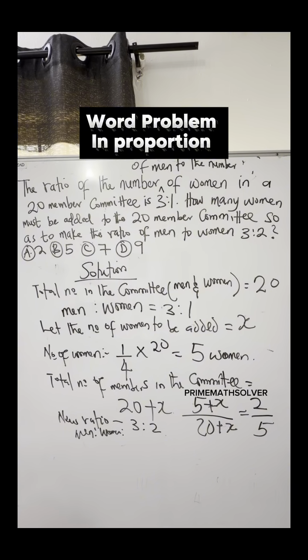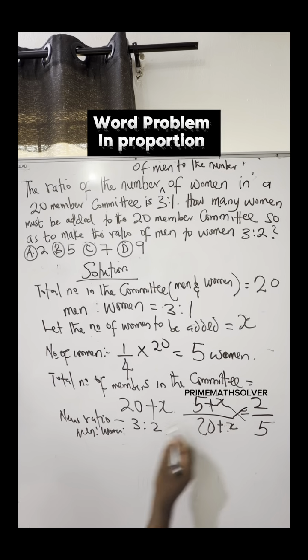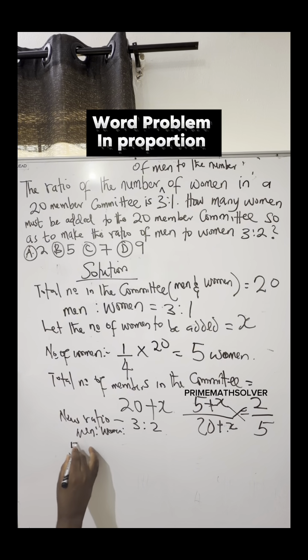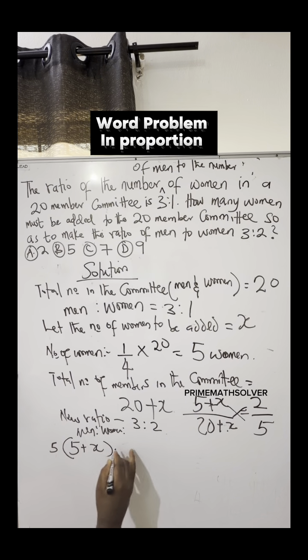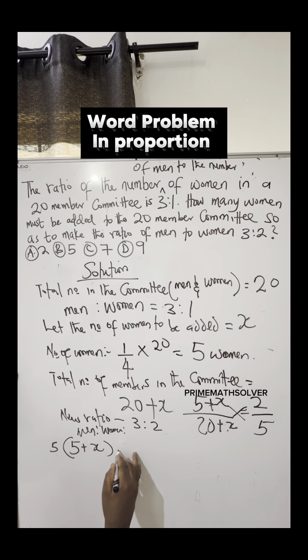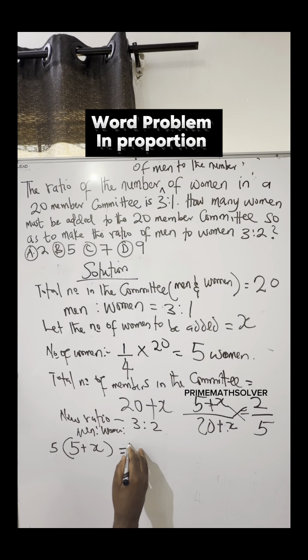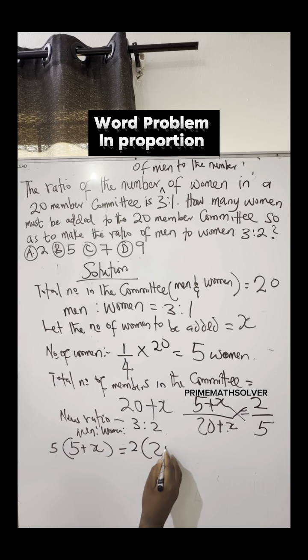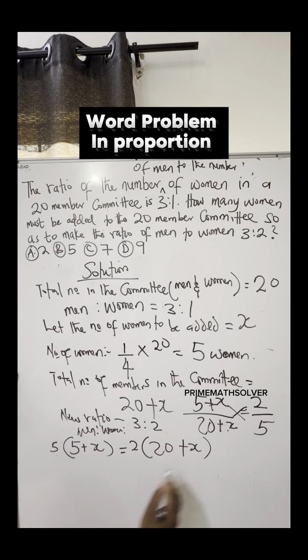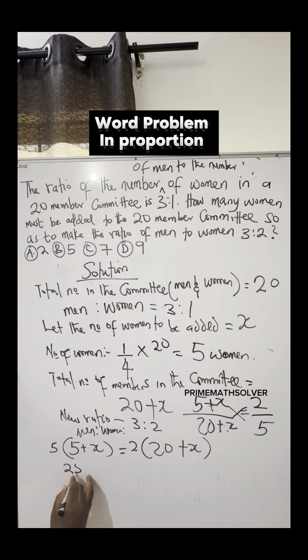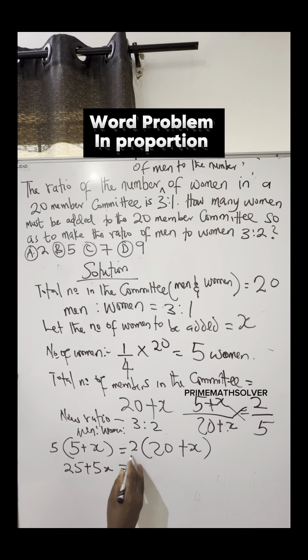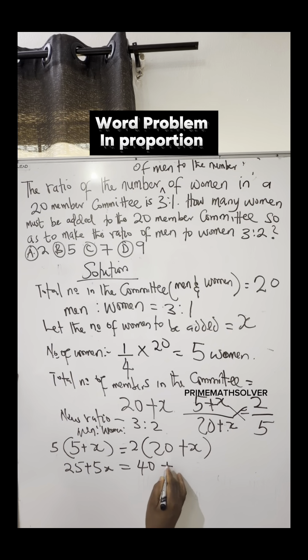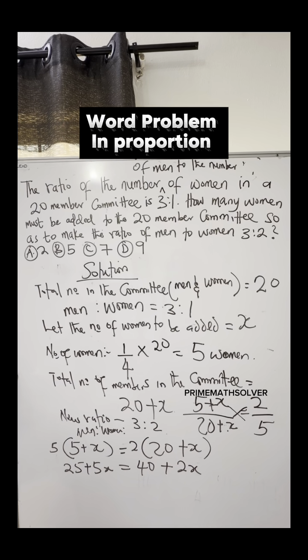Now solving for x, we'll cross multiply. So we now have 5 multiplied by (5 plus x) equals 2 multiplied by (20 plus x). 5 times 5 will give us 25, and 5 times x will give us 5x. 2 times 20 will give us 40, and 2 times x will give us 2x.